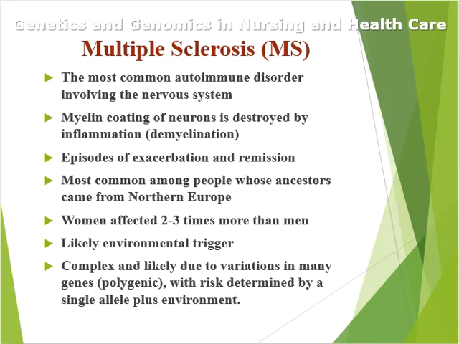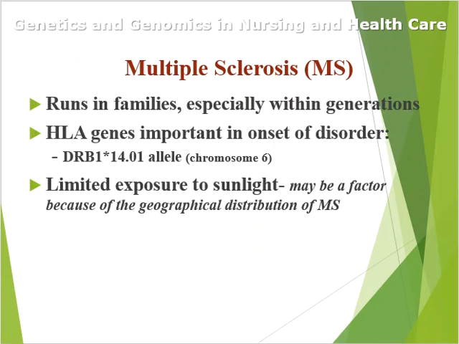It is complex and likely due to variations in many genes, so it's polygenic, with risk determined by a single allele plus an environmental trigger component. It does run in families, especially within generations.